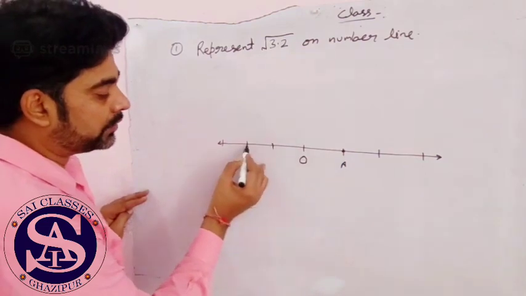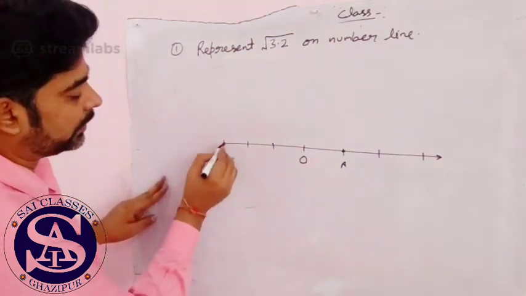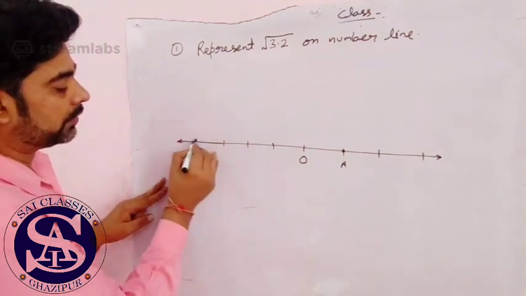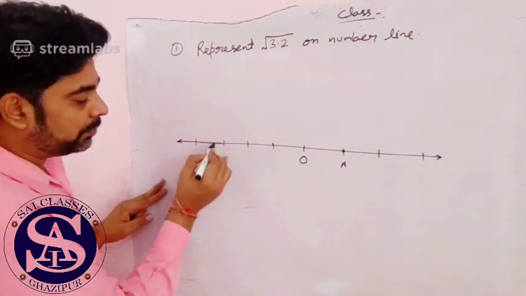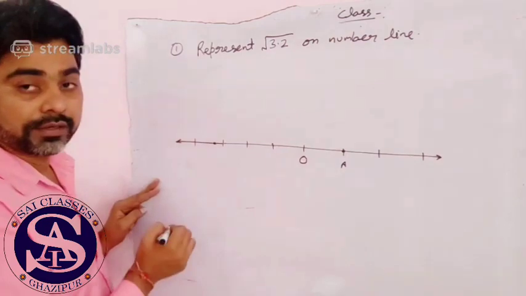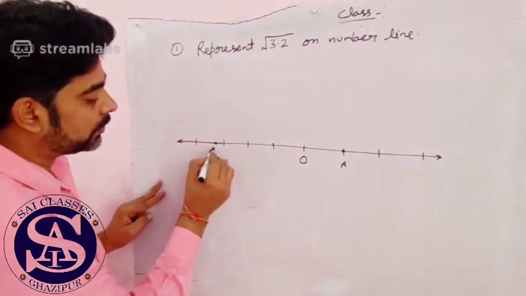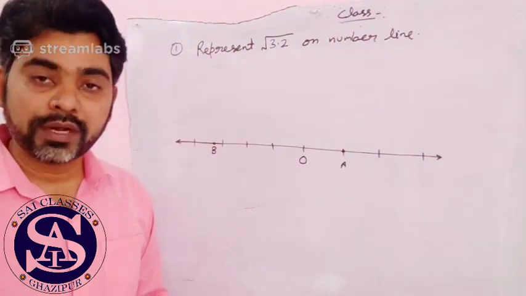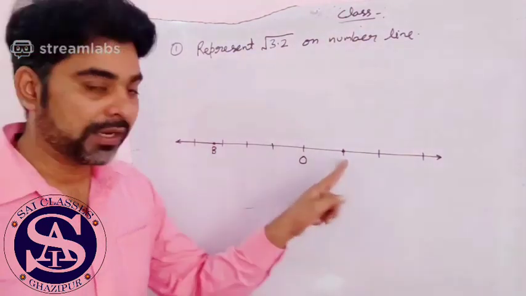So 1, 2, 3. Let's extend this number line. 1, 2, 3, 4. Now 3.2 may be here, right? So this is your point B. Now we'll draw a perpendicular bisector of BA.